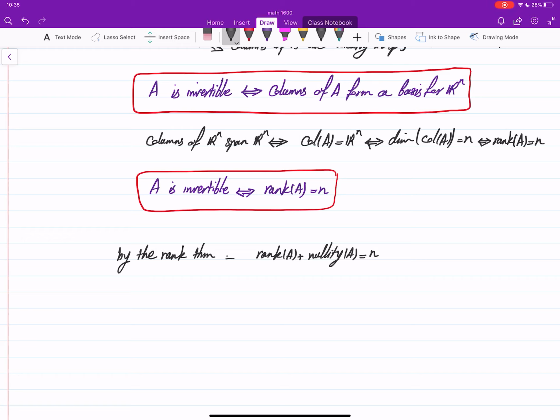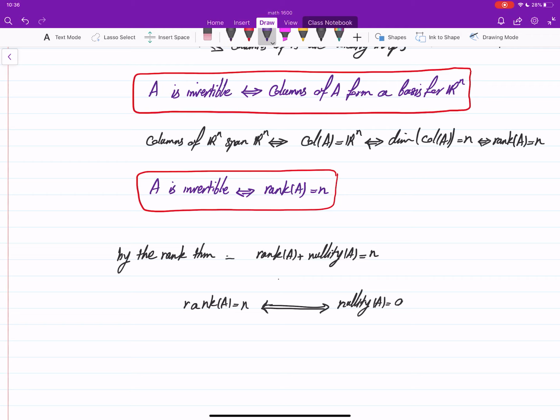So if we have the rank of A equal to n, plugging into that equation, n plus nullity equals n, then that means that the nullity of A is equal to n minus n, which is 0. And this is a two-sided thing.